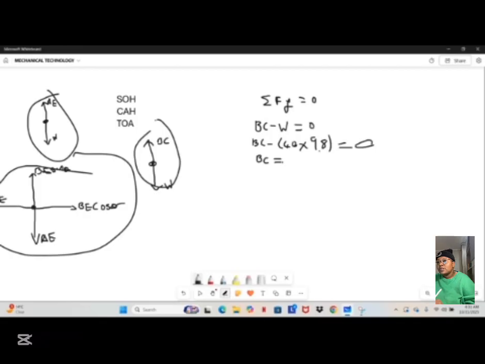So we are going to calculate AE now. Okay, so we already have the weight. We're gonna see where we're gonna go with this.